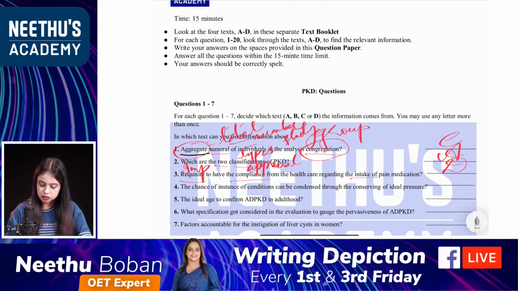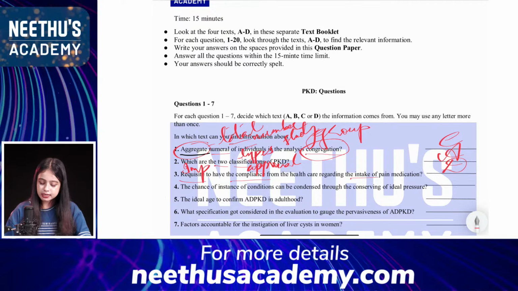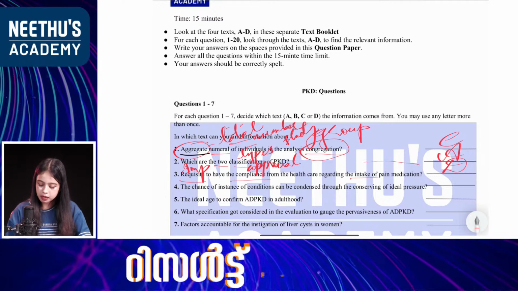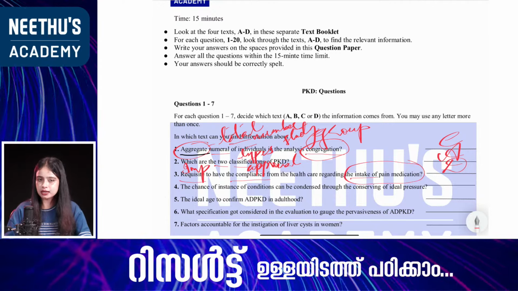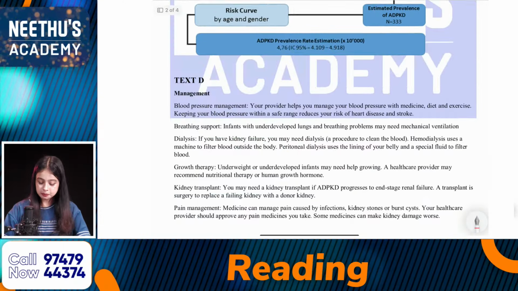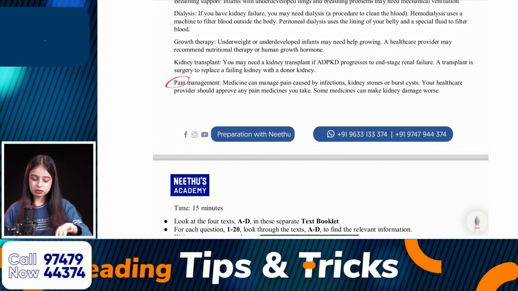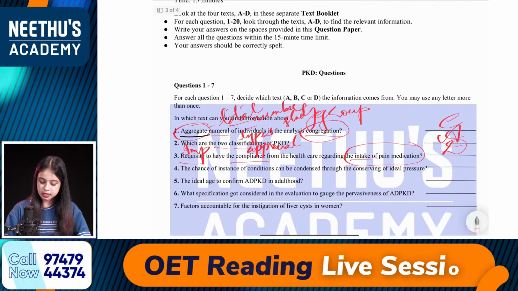And any other words? Yeah, the rest of it was easy. Yes, the answer is from text D, intake of pain medication. See, from this particular sentence you will get the answer, because pain medication is discussed only in text D, the last one, pain management. So that means the answer is from text D.